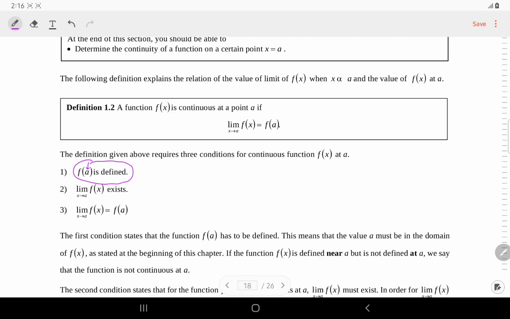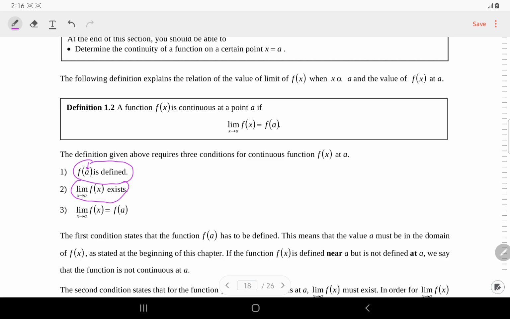The second condition is that the limit as x approaches a of the function must exist. And number 3, the limit as x approaches a of the function must be equal to f(a).